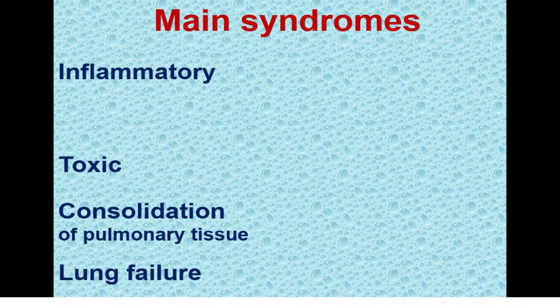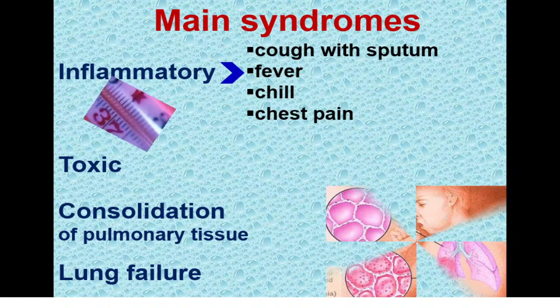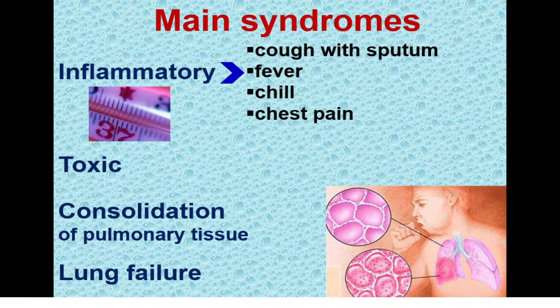First of all, inflammatory syndrome, which is characterized with moist cough as a response of the respiratory tract on inflammation, high fever accompanied with chill, and sometimes maybe chest pain.